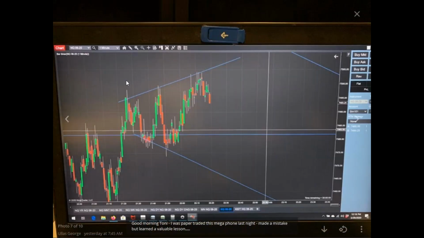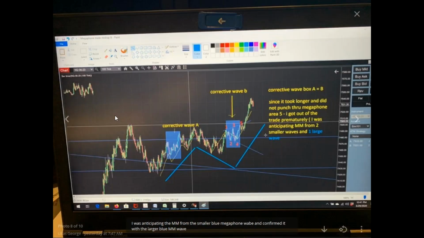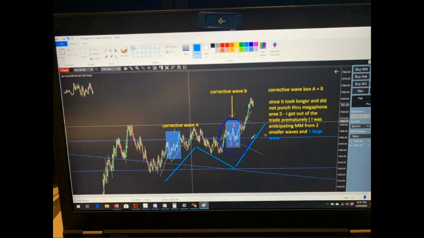Let's see, placement here. This is a 1 minute time frame. This is the 100 tick. So here is the megaphone. It's kind of hard for you guys to see it, but it's right in here. So that con that we saw on that other chart is confirming on this bigger time frame, because if you're trying to short here, you've got a pullback, a pop up, and then a time correction with the megaphone.